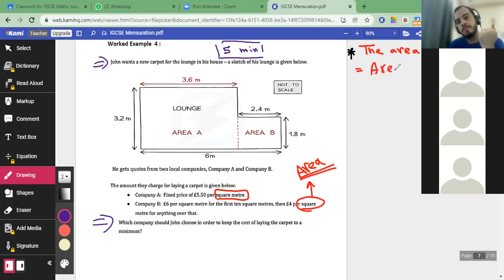Right? Yes. Or I can call it area 1 plus area 2. Then what is area A?